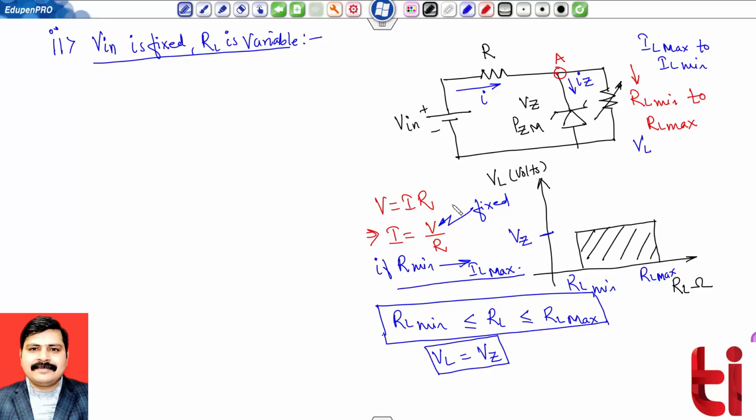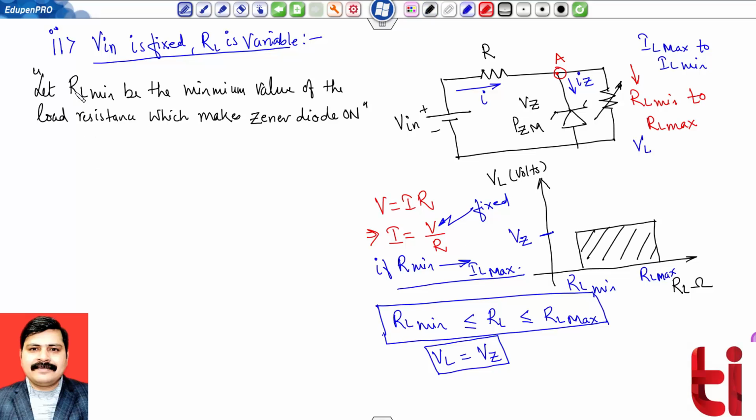I'm making one assumption: RL min is the minimum value of load resistance which ensures that my Zener diode is working in the breakdown region. It ensures that my Zener diode is on, so the Zener diode will be replaced by a battery.